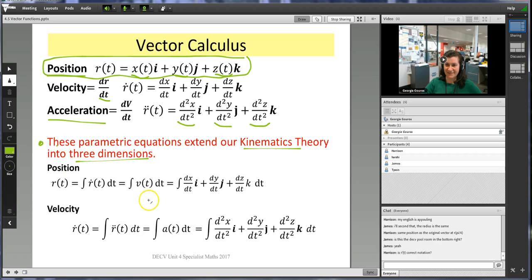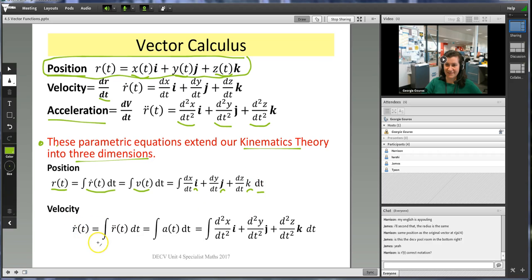Okay, and the same works going back. So if we're given a velocity vector function, we can take the antiderivative to work out the position. And taking the antiderivative, you just take the antiderivative of each component, the i, the j, and the k component with respect to time.